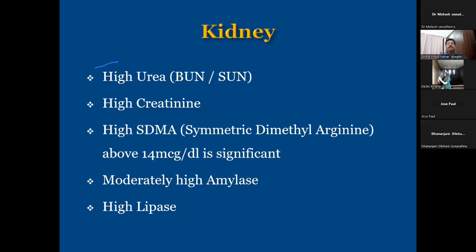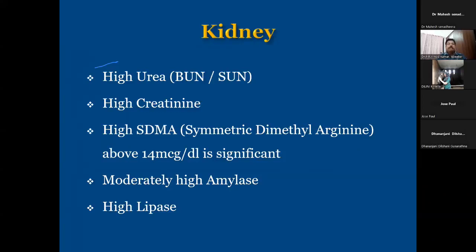For that, we use SDMA, symmetric dimethylarginine. It is very sensitive. Above 14 microgram per deciliter itself is significant. A hike in SDMA will be shown even in 25% damage, so that we can repair the kidney very soon.